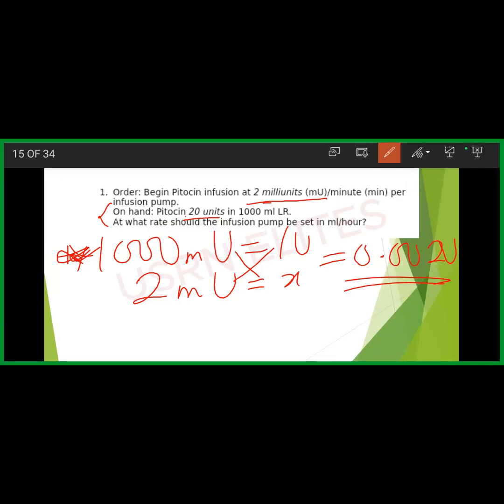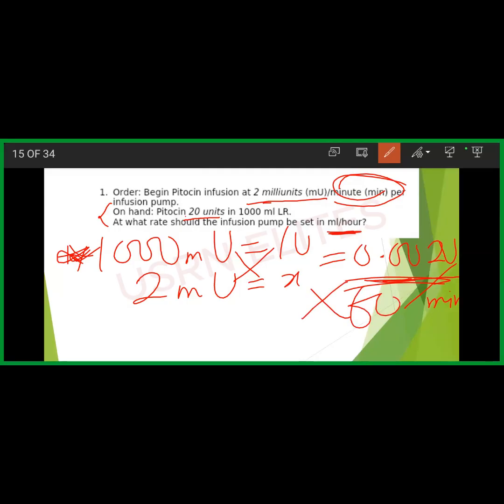Having known this, according to what you have here, it is per minute. So let us change this first to per hour because of how we should leave our answer. From the previous experience you had, how do you think we get it in hour? You multiply by 60, and that will give you 0.12.